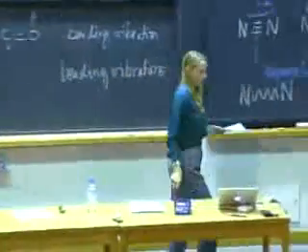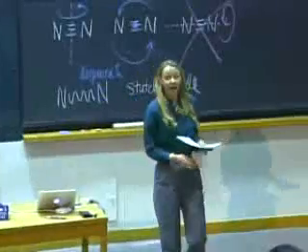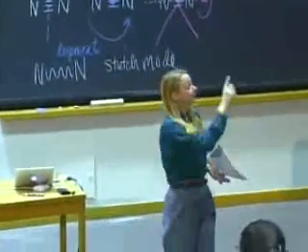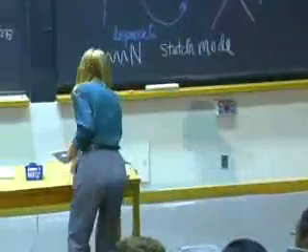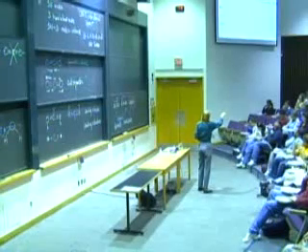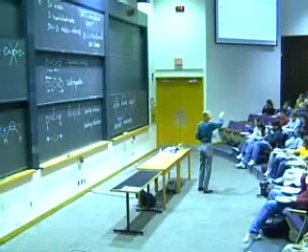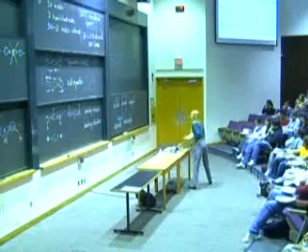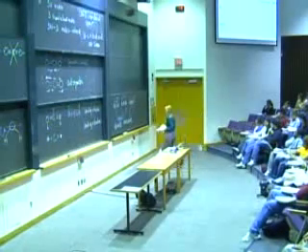Now, what about the vibrations for water? Well, you can see from our graph up here that 3N minus 6, in this case for water, is going to be three vibrational modes. So let's look at that.